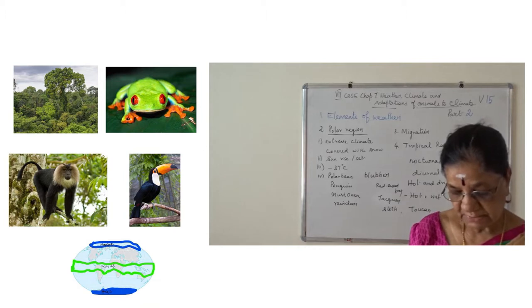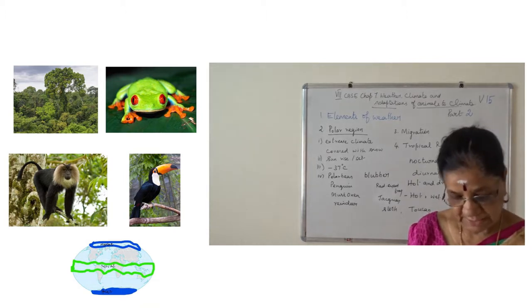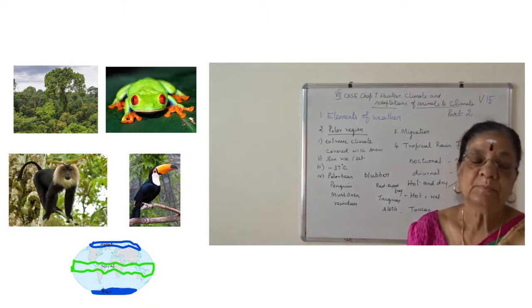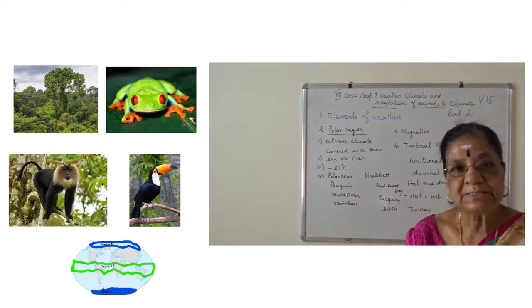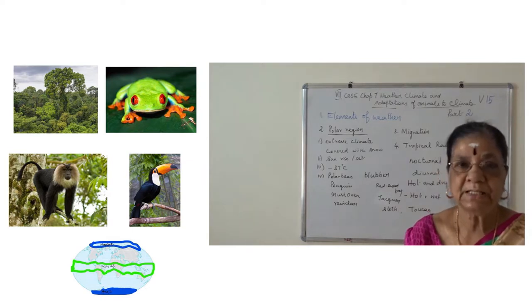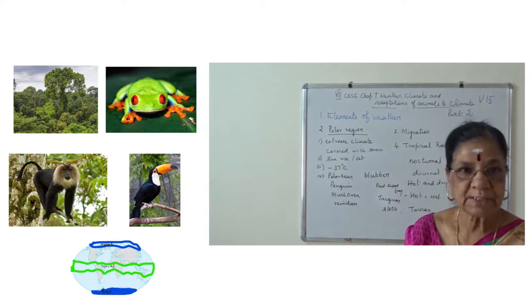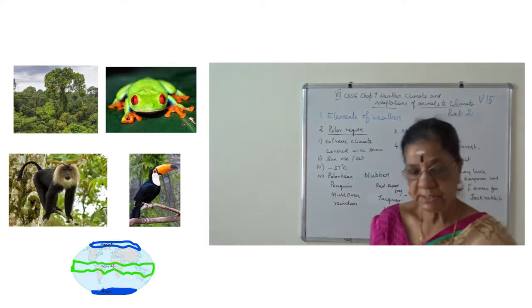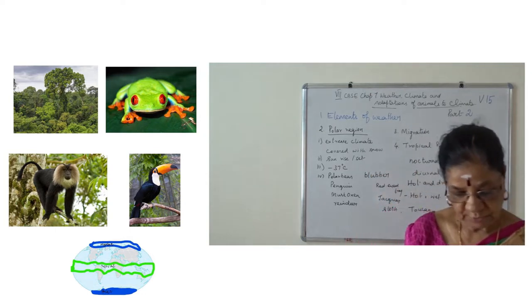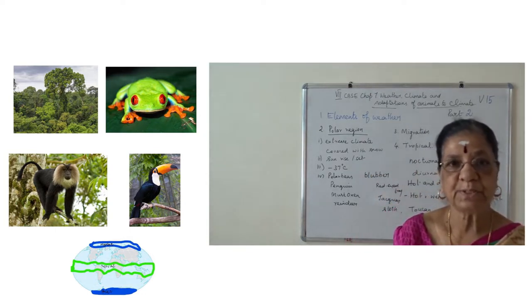Monkeys use their long limbs to swing from branch to branch. These animals are called perching animals. Perching means jumping from one tree to another, and swinging on the same tree.